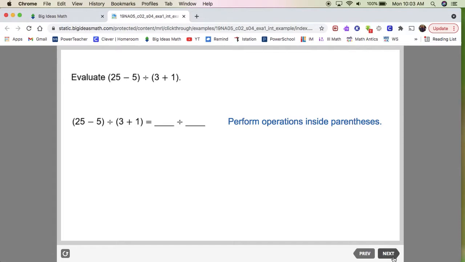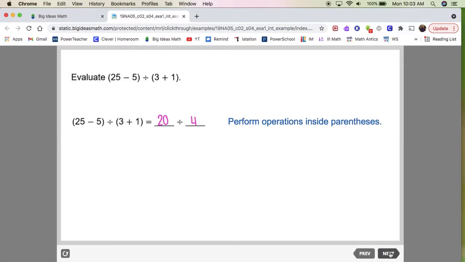I usually go left to right, you don't have to, but I usually do. First we're going to deal with 25 minus 5, which is 20, and then 3 plus 1, which is 4. And so remember, guys, when we're evaluating expressions, we go from something that's pretty long down to, usually in numeric expressions, just a single number.